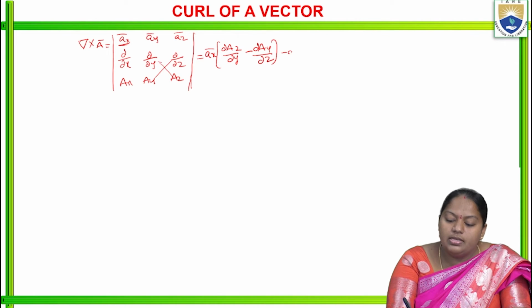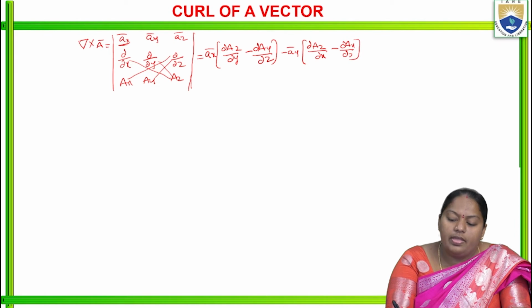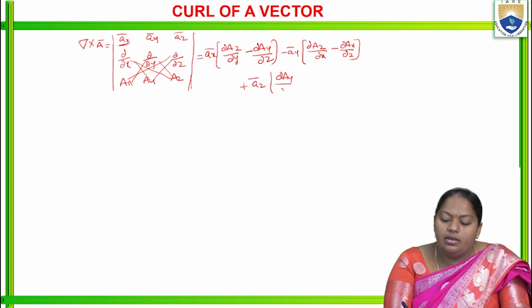Then minus ay into the determinant for the first row, second column, which can be written as dou az by dou x minus dou ax by dou z. Then plus az into the determinant for the first row, third column: dou ay by dou x minus dou ax by dou y.